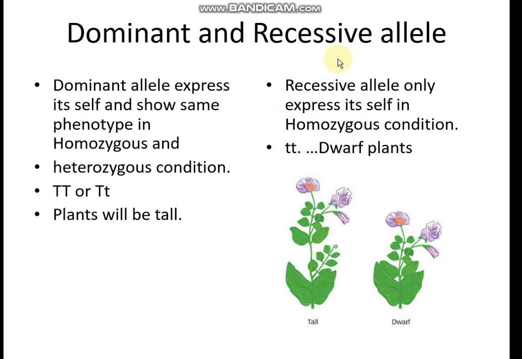It will only express itself if it is present on both homologous chromosomes, and if it is present on only one, like in the case of heterozygous condition, then it will not express itself as it is recessive. A dominant trait will express itself in both homozygous and heterozygous conditions, but a recessive allele will only express itself if it is in homozygous condition.